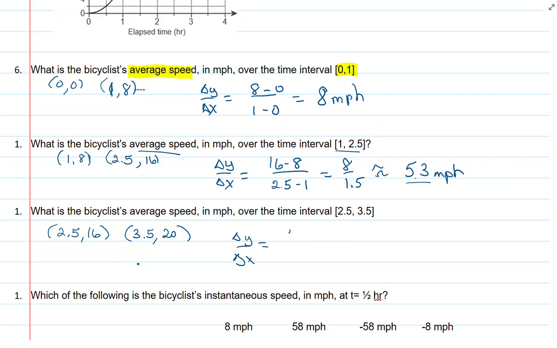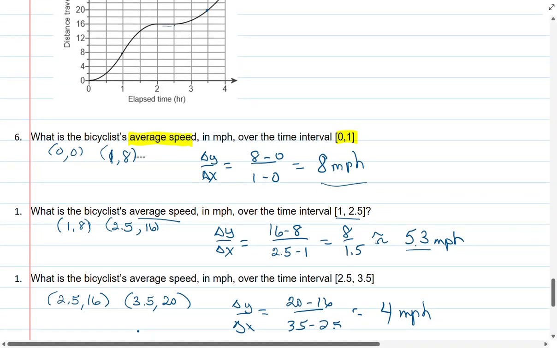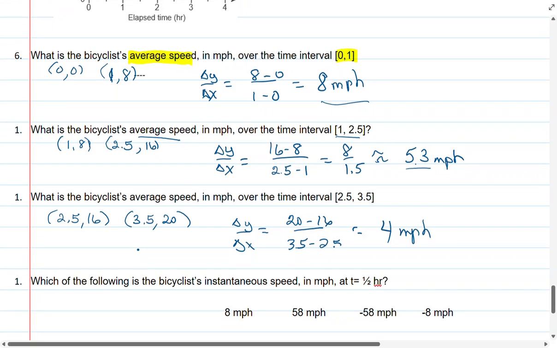This gives me 20 minus 16 over 3.5 minus 2.5. So this is 4. What's he doing? Yeah, a little bit. Catching a breath. Hard here. And then I don't know the terrain either.